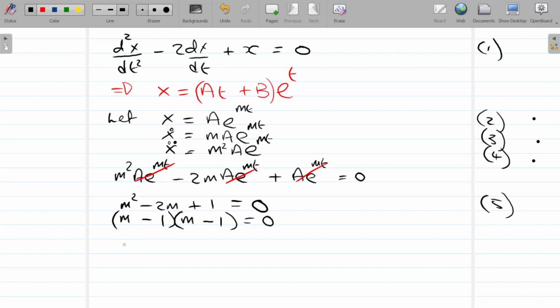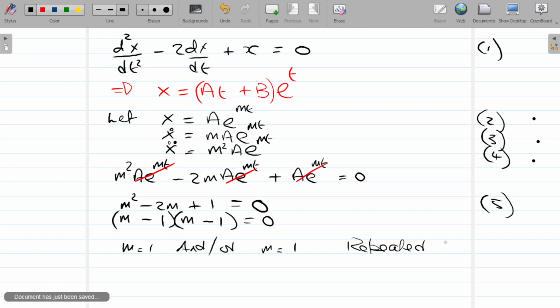So that means that m is equal to 1 or m is equal to 1. So it's a repeated root. So we just take obviously one of these.